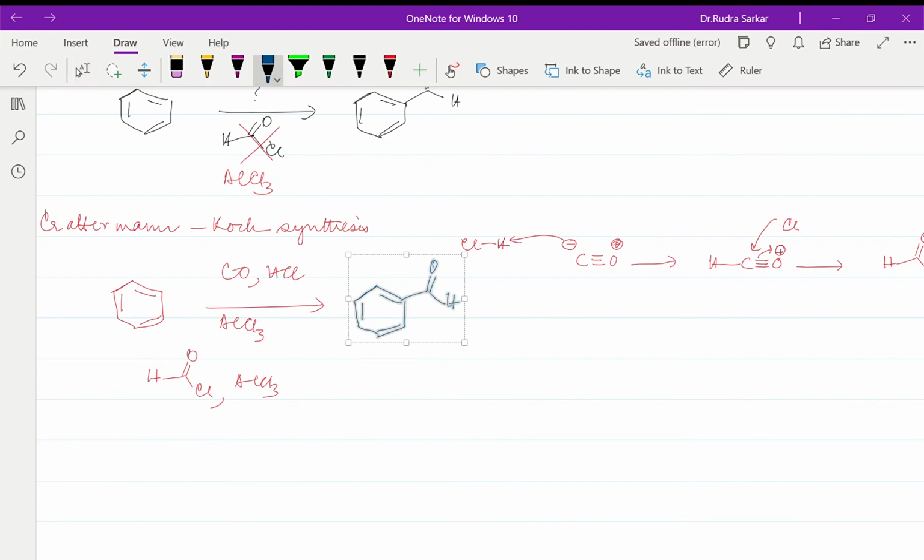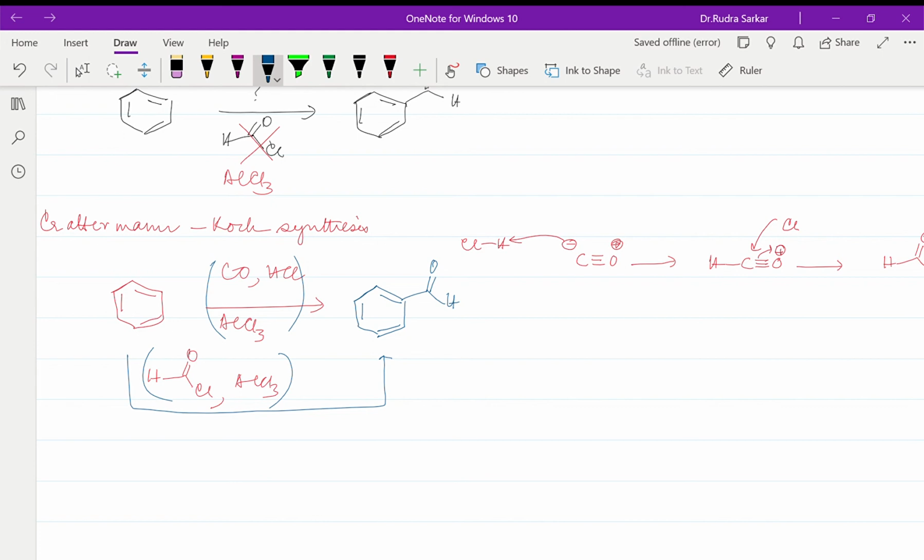So we are trying to say that these reagents eventually produce this, and which is now being used to form this product. So this is basically again very similar to Friedel-Crafts acylation. So basically we are producing the benzaldehyde over here.